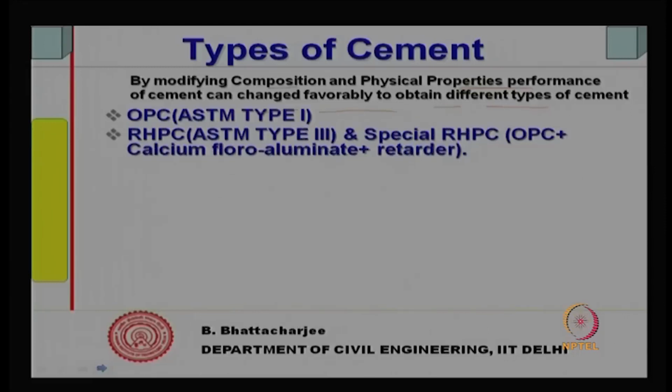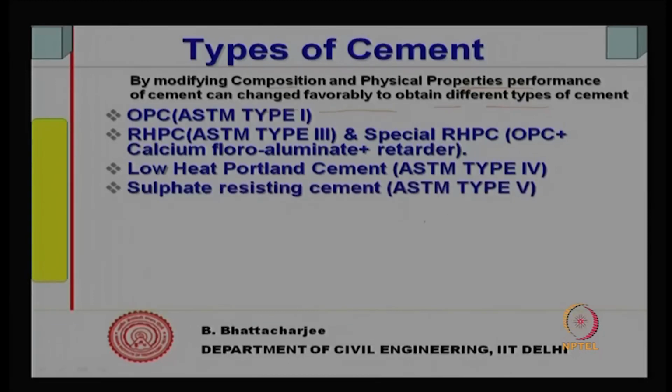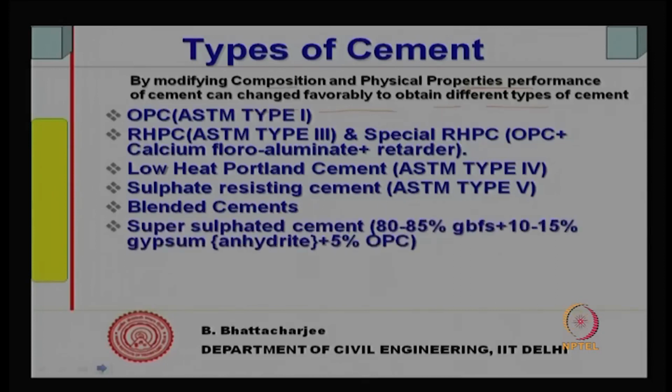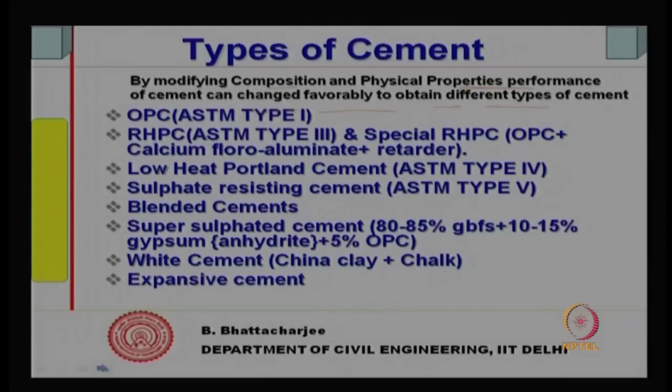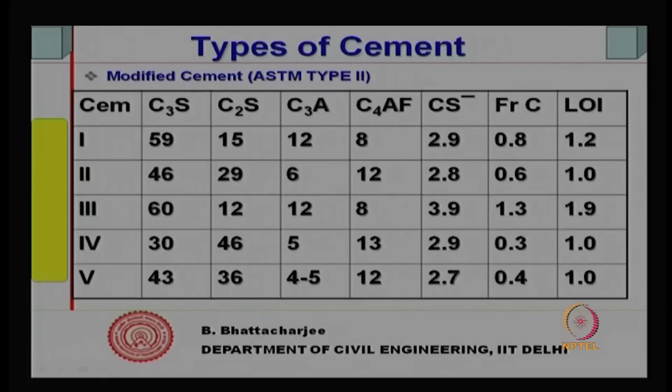For example, OPC is the first type of cement, RHPC is the second kind of cement, rapid hardening Portland cement, ordinary Portland cement, low heat Portland cement, sulphate resisting cement, blended cements of various kinds, and super sulphated cement. We will discuss all of them, white cement, so many other expansive cements which will expand, and various other kinds of cement.